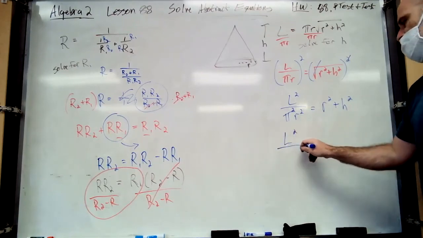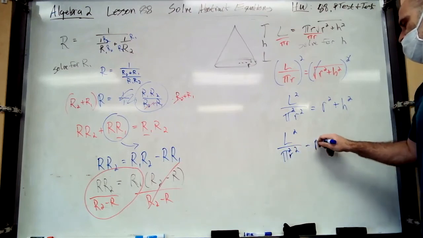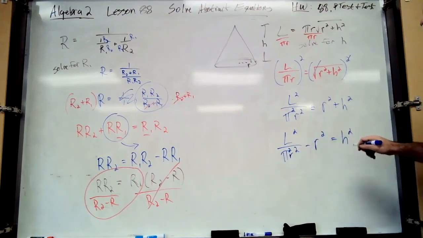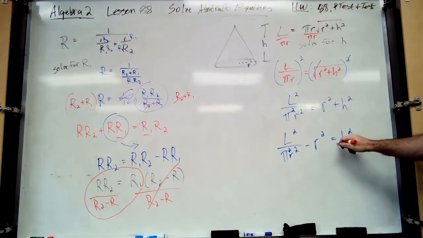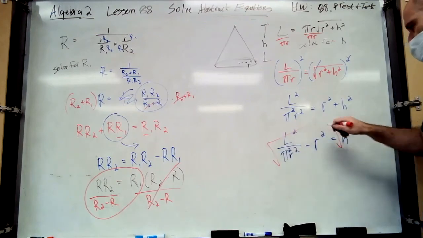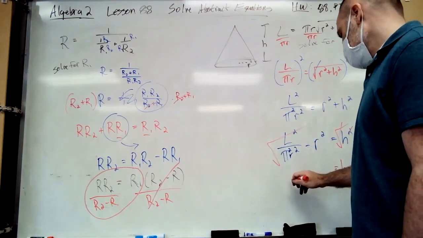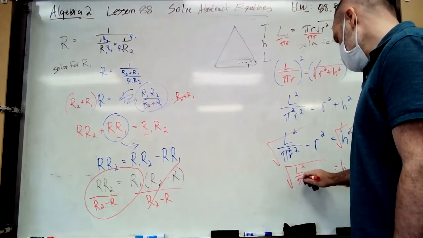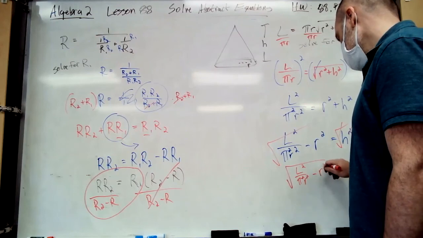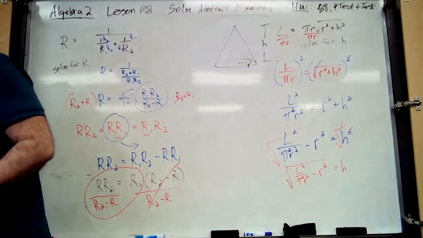So L squared over pi squared r squared minus r squared equals h squared. Now how do you get h by itself? Square root. A lot of back and forth. But h equals the square root of L squared over pi squared r squared minus r squared. Messy, but that's it.